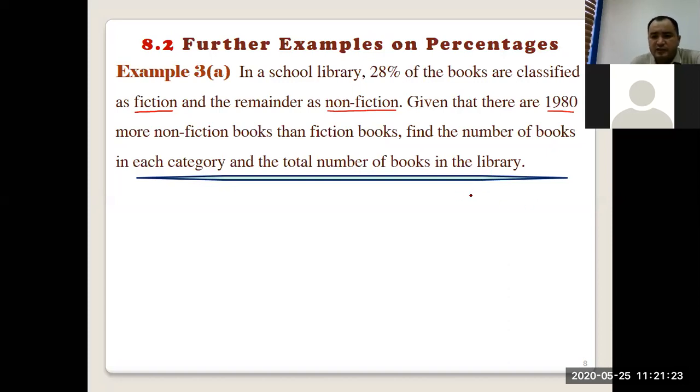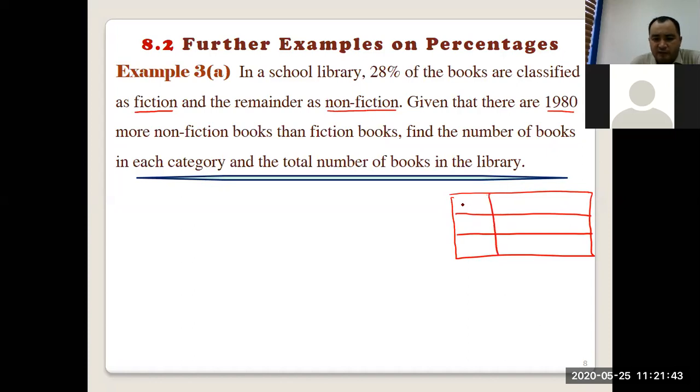Okay, so now if you just make a small table to describe this, let me just draw 3 rows. Here we have fiction books, non-fiction books, and the total number of books in the library, right?